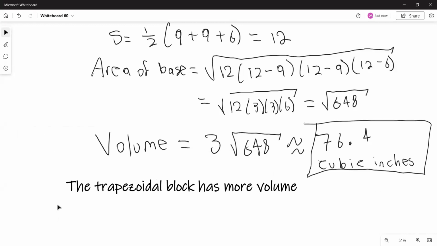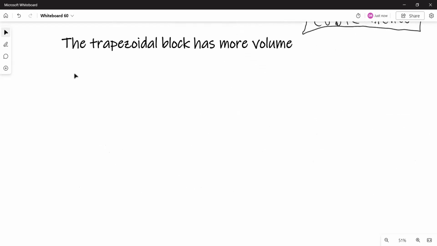Okay, the next type of figure. So we have done rectangular boxes, figures with a flat top and bottom that are parallel to each other or whose sides are perpendicular. The next type of figure are going to be cylinders.